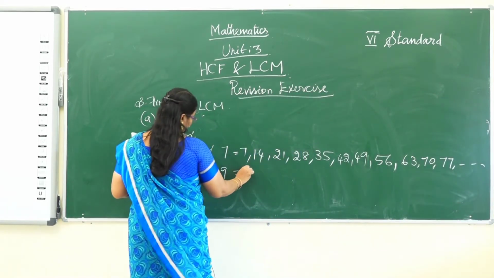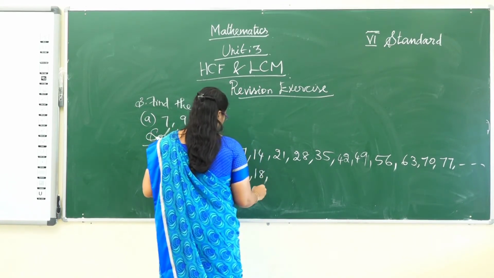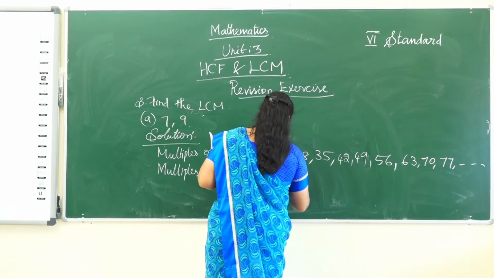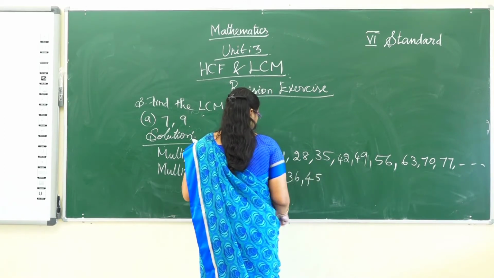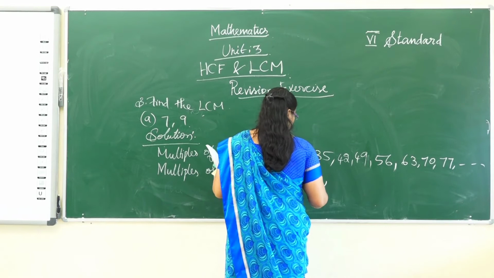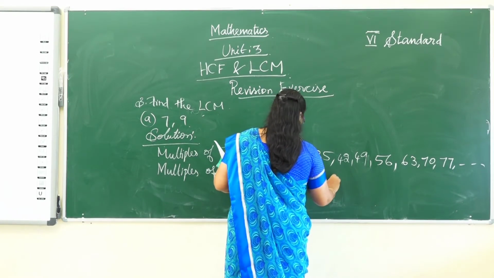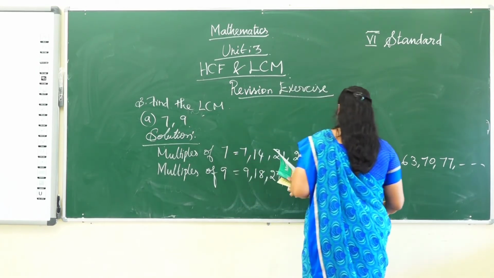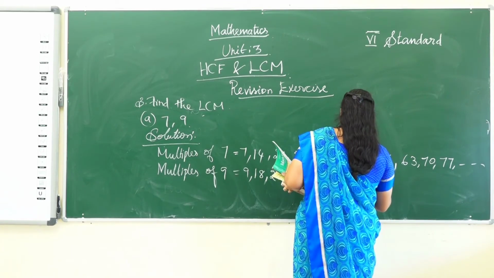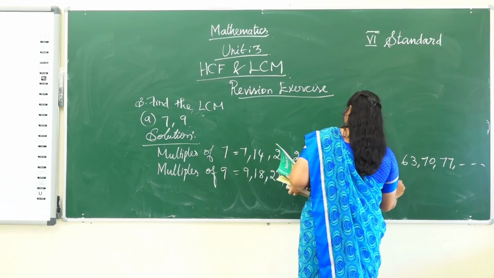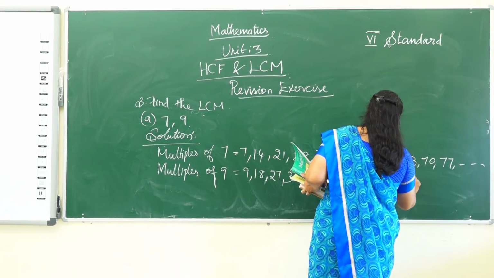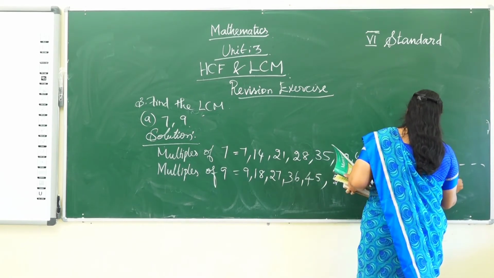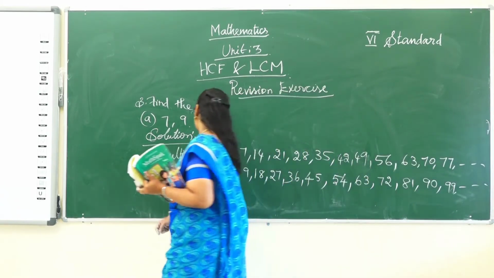And multiples of 9. These are the multiples of 7 and 9.